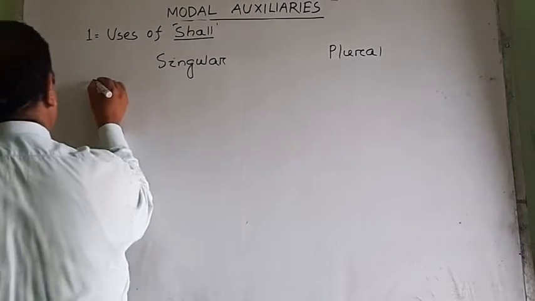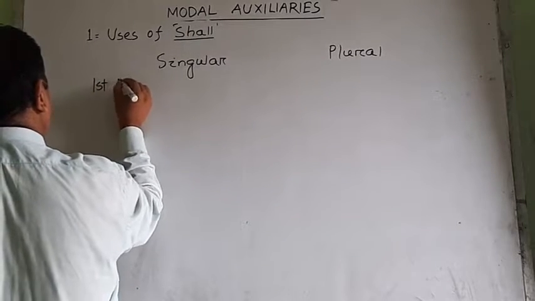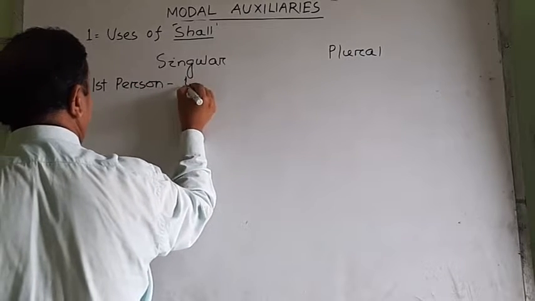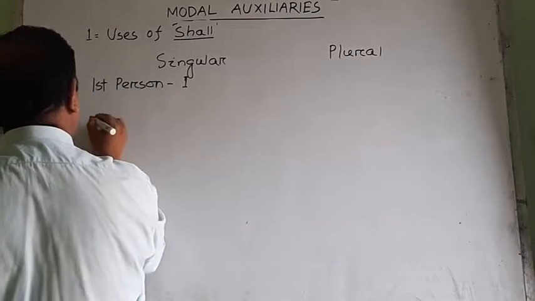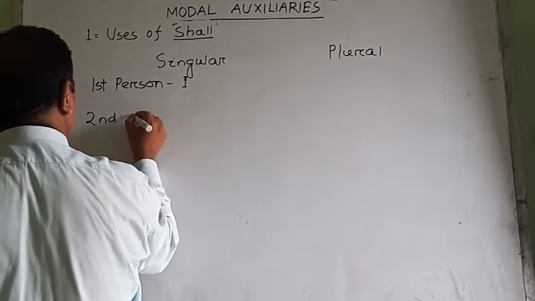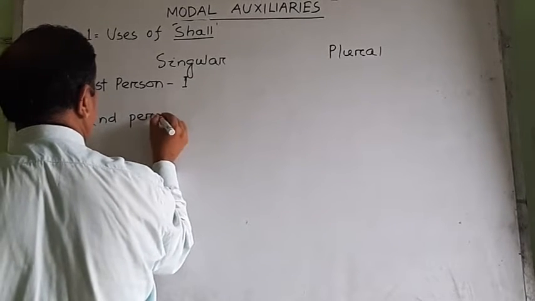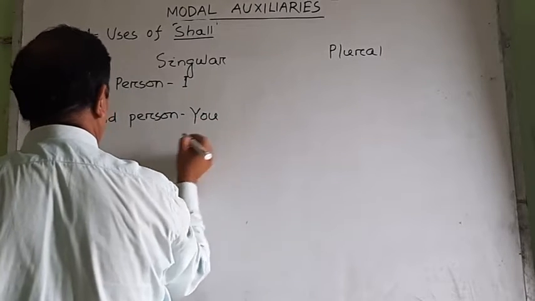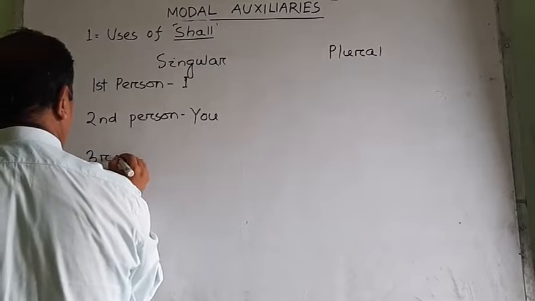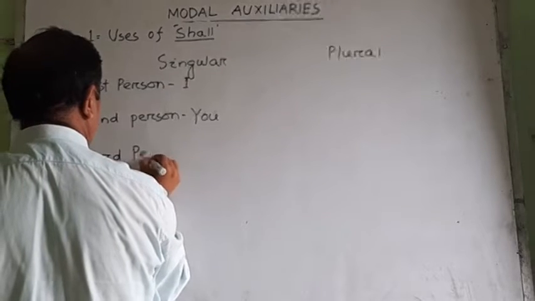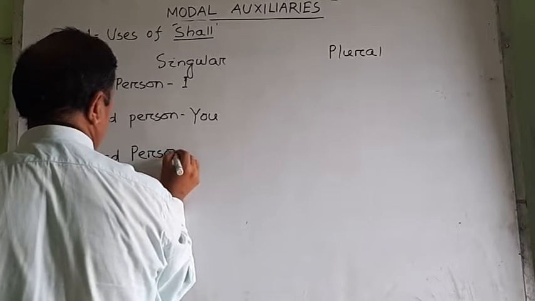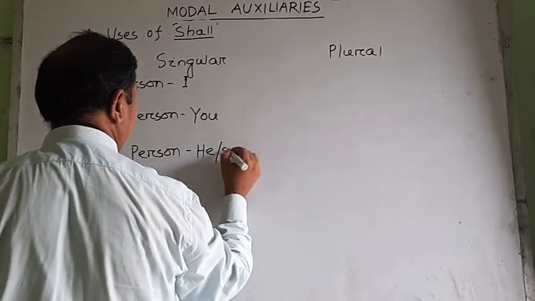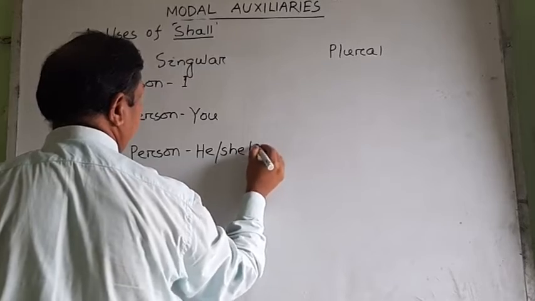We know that the first person is I, the second person is you, and the third person is he or she or it.